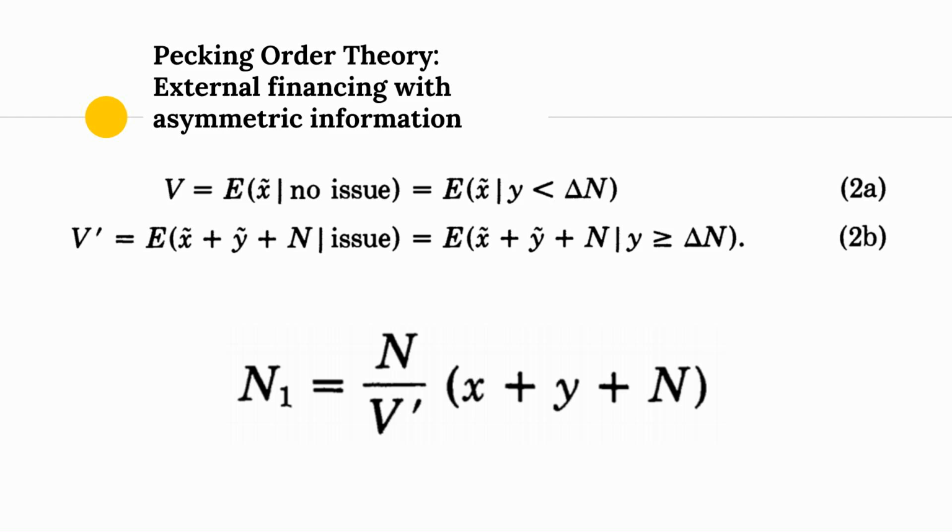Asymmetric information costs make it so firms choose to not issue and pass up positive net present value investments. This cost is avoided if the firm internally finances enough. This means it is the cost of relying on external financing which makes firms prefer internally financing their investments.